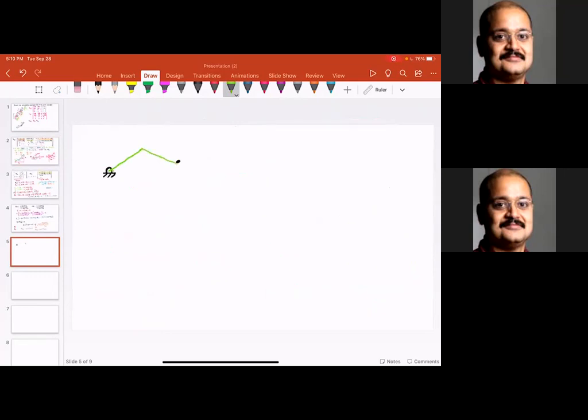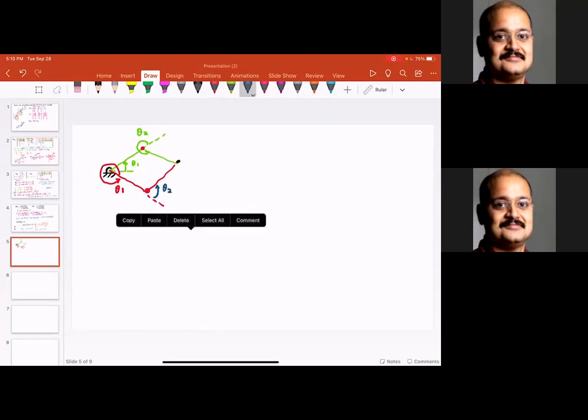So this position can be achieved by something like this, theta 1 and theta 2, or this position can be achieved by this configuration, wherein this is theta 1 and this is theta 2.